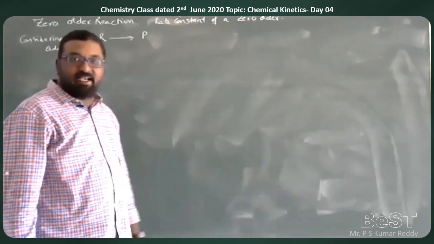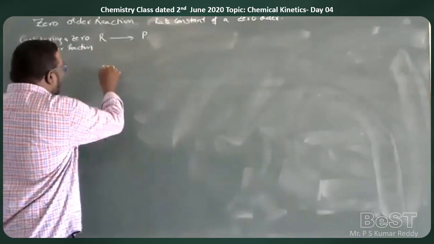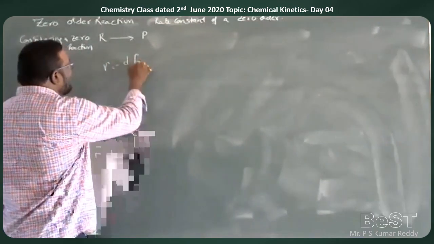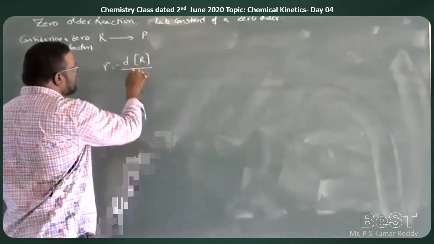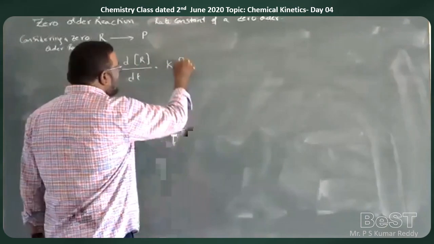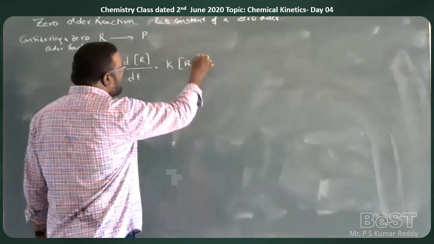Since it is a zero order reaction, its rate is equal to minus dR by dt, equal to K into concentration of R to the power of 0.